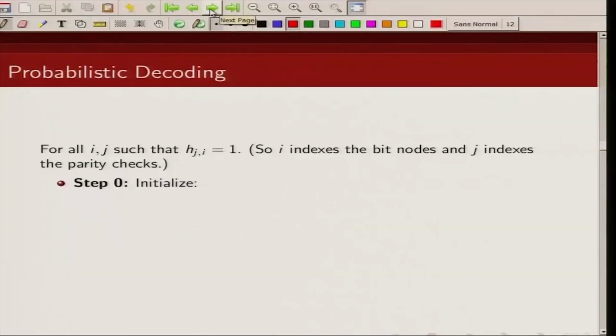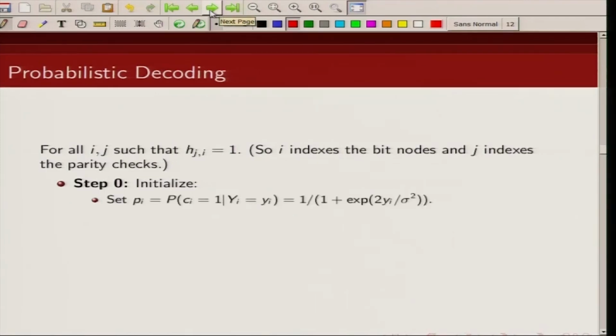So, these messages QIJ are passed from message nodes to the check nodes, and these messages RJI are passed from check nodes to the message nodes. So, how does this whole process go? The first step is we initialize the probabilities that we are going to send from the message nodes to the check nodes. So, we calculate this Pi and we calculate these QIJ. These are the messages we will send from the bit node to the parity check node.